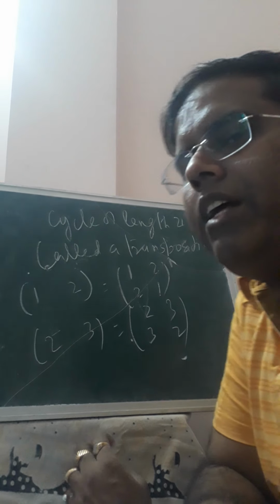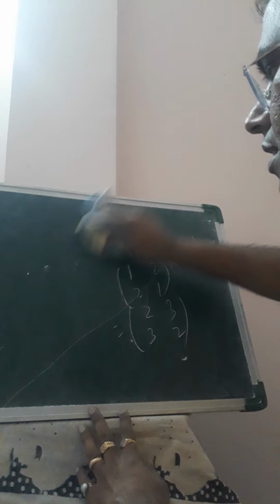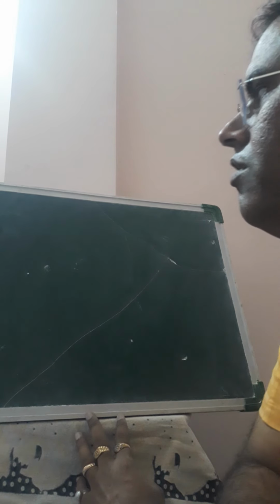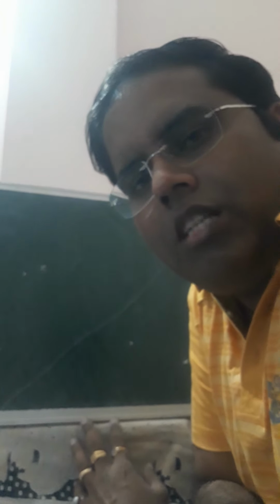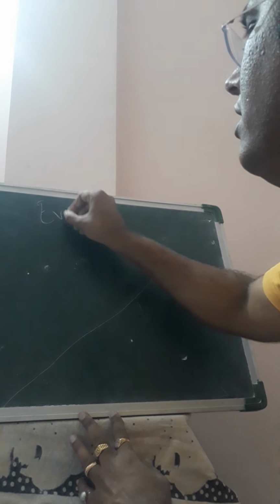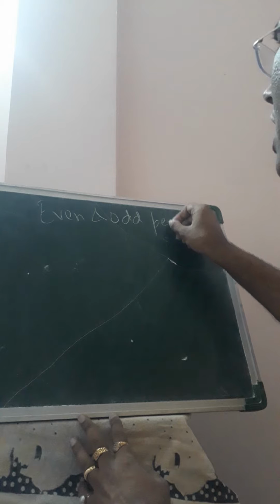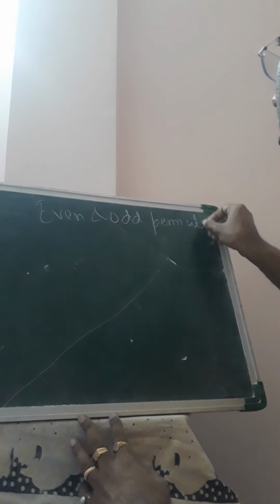So a cycle of length 2 is called a transposition. Now with the help of these transpositions we can say a permutation is either even or odd. So we can define even and odd permutations with the help of transpositions.